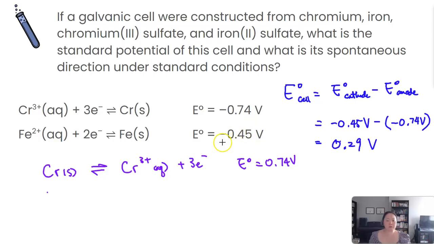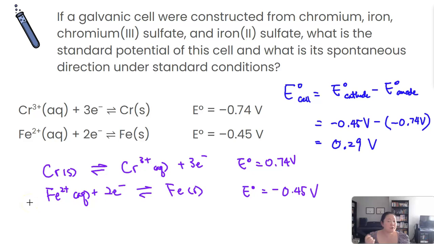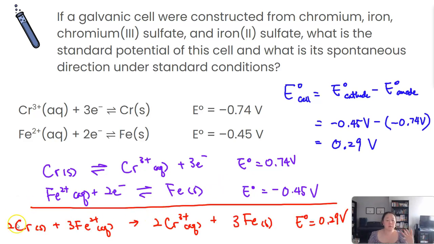Because otherwise, if you flip this one, you're going to get a negative value when you add these two values together. So here is our oxidation reaction. We're going to take our reduction reaction in this cell and write it down as is. And then the overall reaction is going to be this.